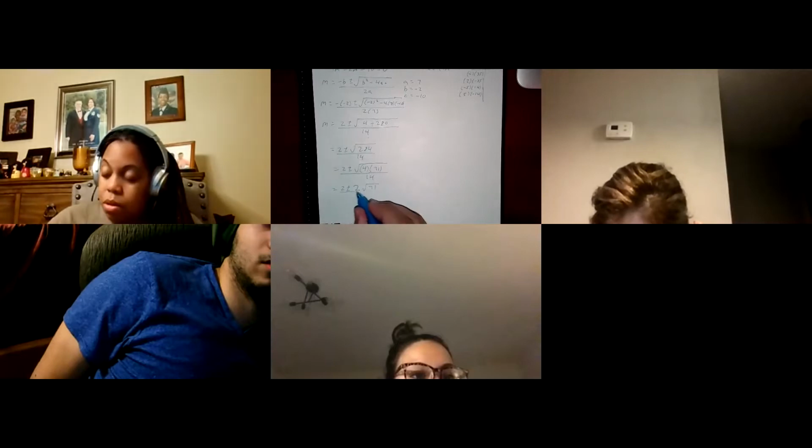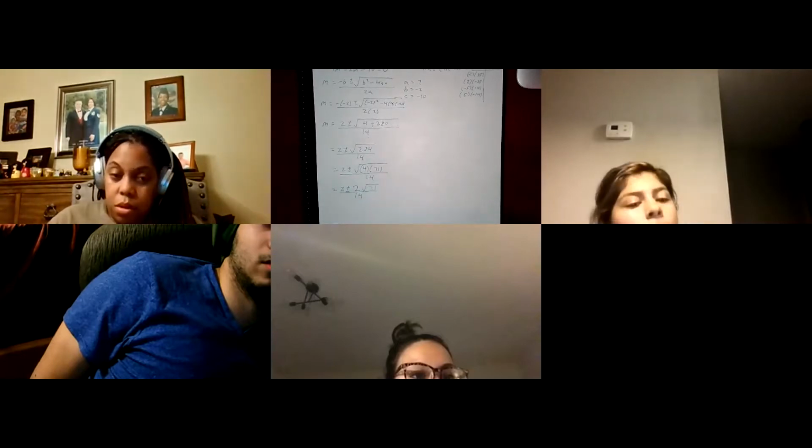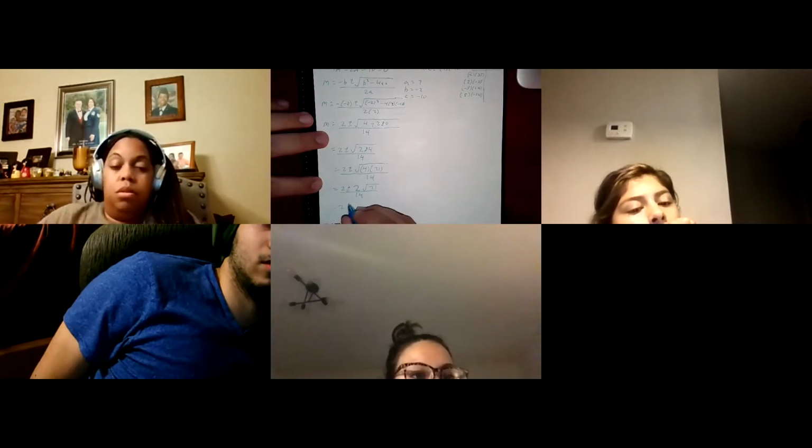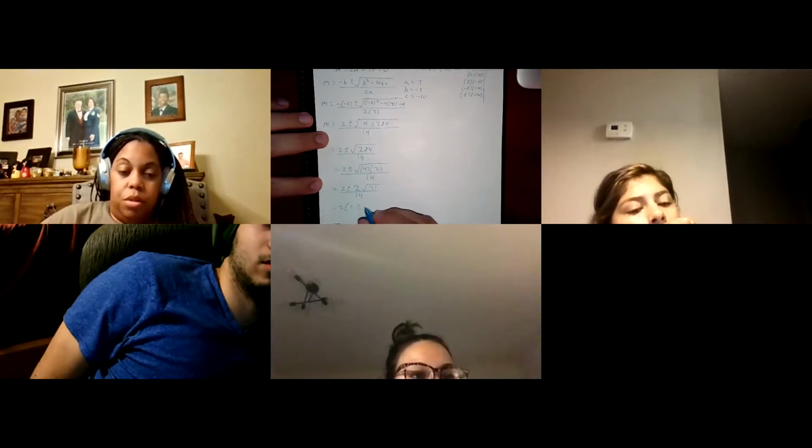So now we have 14 right there. We can reduce the top and the bottom because they're both divisible by 2, right? When you factor, then you are allowed to cancel. So I'm going to factor a 2 from the top. It leaves you with a plus or minus root 71.